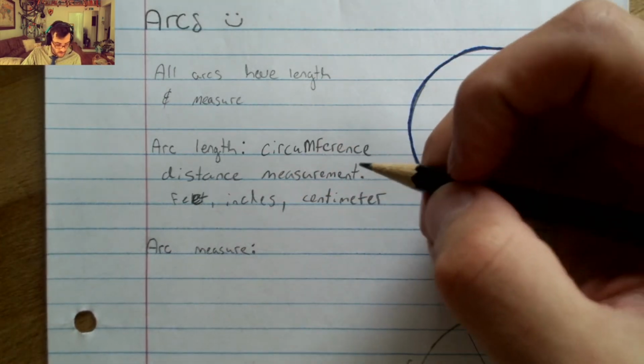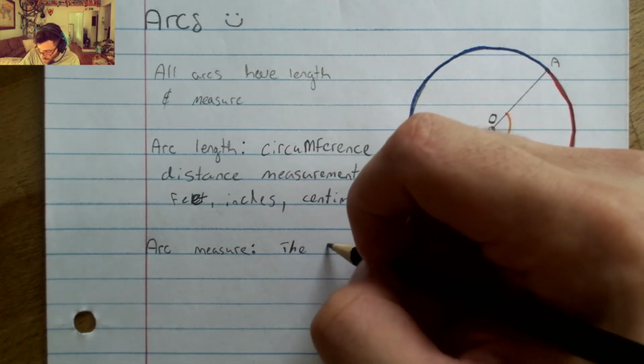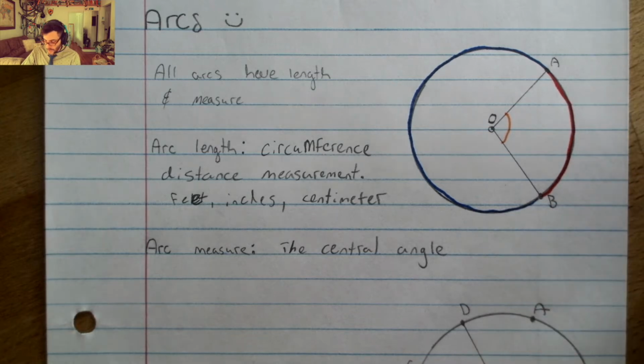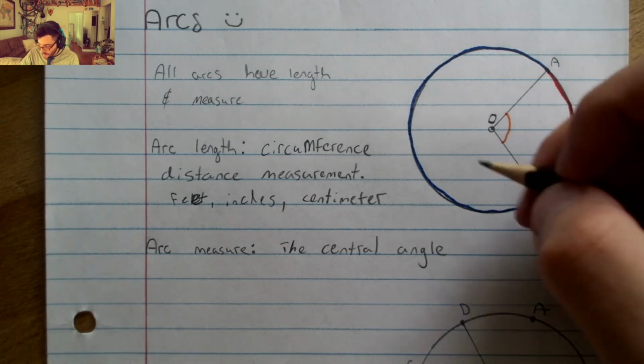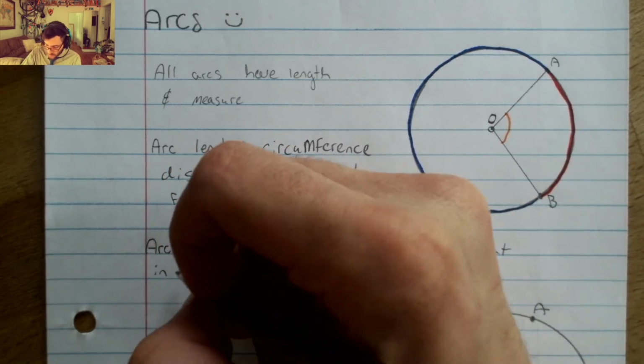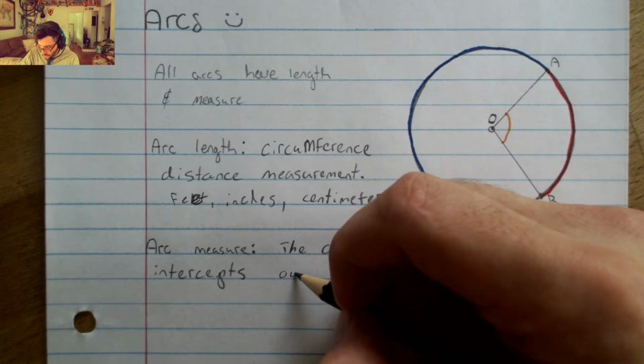So our arc measure, we're going to say, measures the central angle, and the central angle that intercepts our circle.